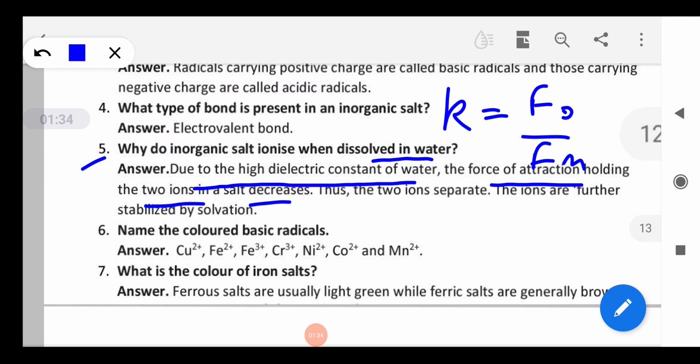So greater the value of the dielectric constant, lesser is the force in the medium. For your kind information, K is also equal to epsilon upon epsilon naught, where epsilon is permittivity of the substance and epsilon naught is permittivity of free space. This is just for the GK part.